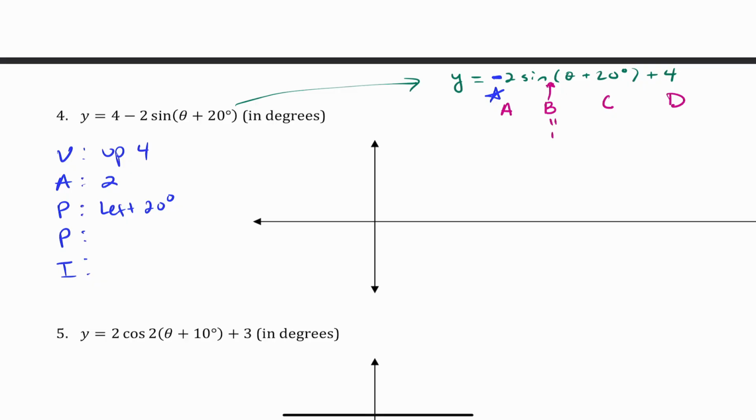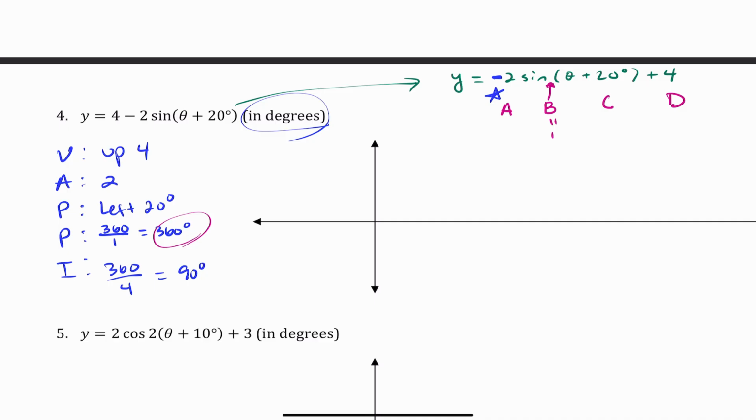Since we're in degrees, we have to do 360 divided by the B value, which is 1, which is just 360 degrees. Now we take the 360 degrees and divide by 4. 360 divided by 4 is 90 degrees.